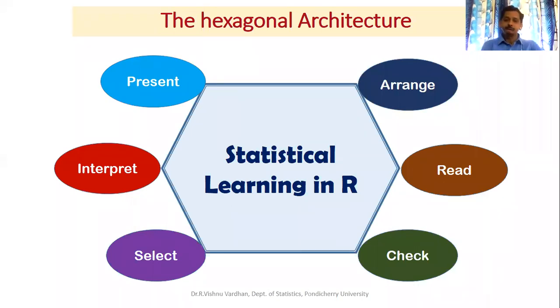These things are very pivotal elements of statistical learning pertaining to R, but in general, you can have them in every software. Arrange means a proper arrangement of data, structuring the data according to the software requirement. In R, whether it is a categorical variable or a continuous variable, that is interval or ratio, I will come to that part later, whatever the type of the variable, there is no need of a class label definition, and we can have string variables, character variables, and numeric variables all together at hand and then start functioning with them.